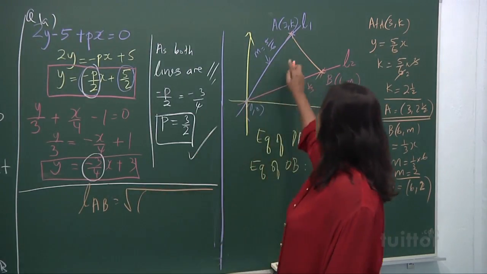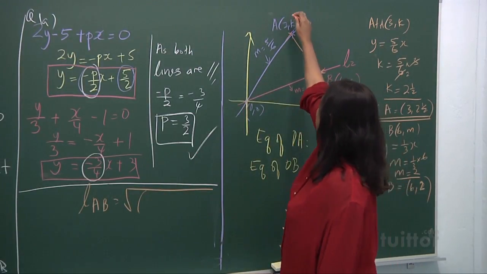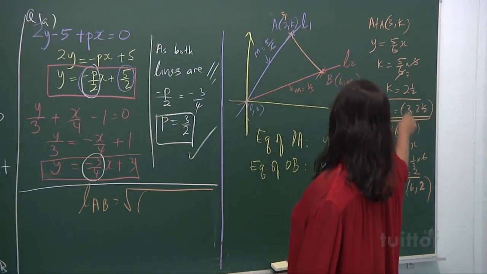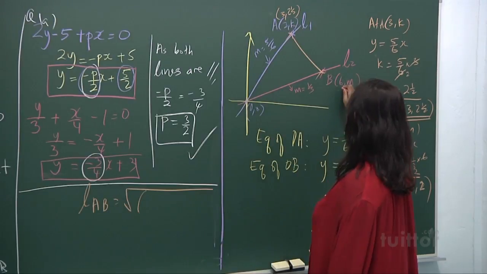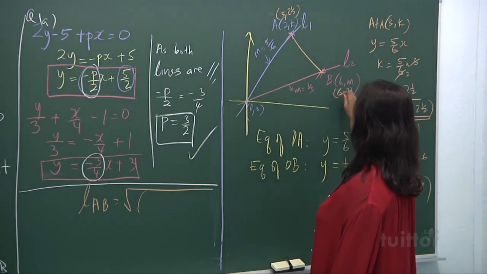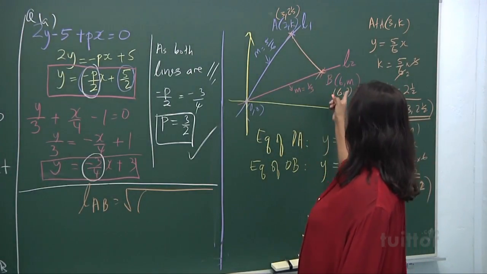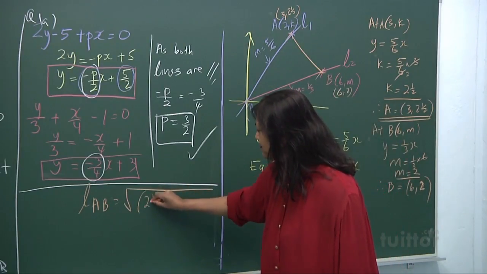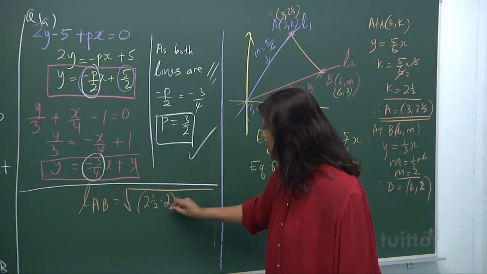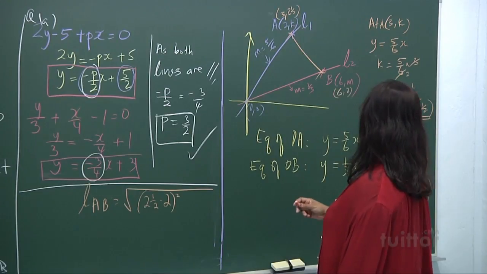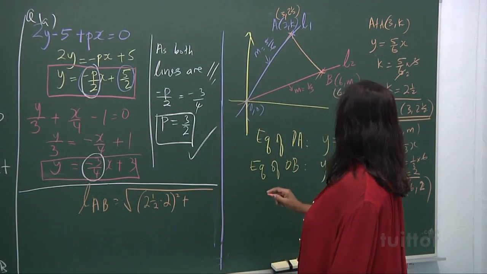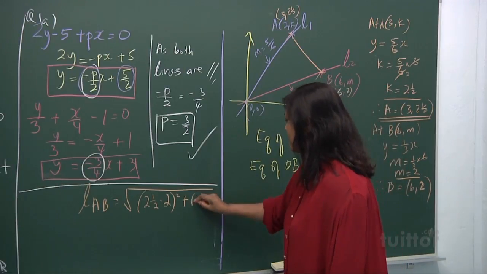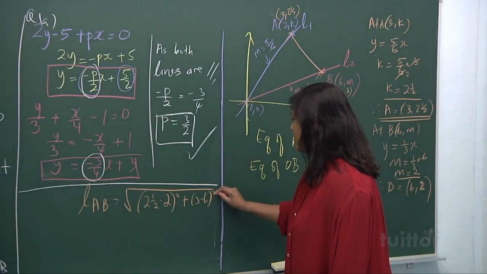This point is (3, 2.5), and this is (6, 2). Take 2.5 minus 2 and square it, and then plus x, 3 minus 6, and square it.